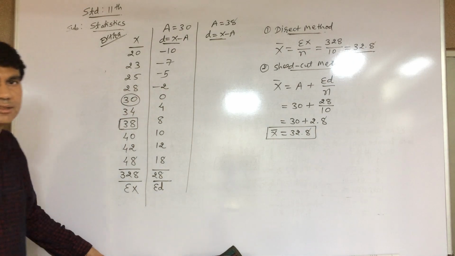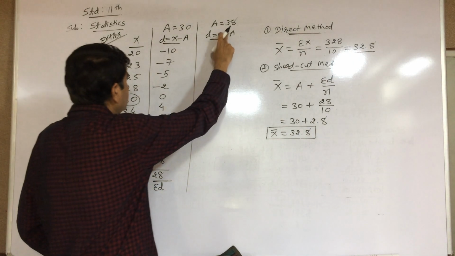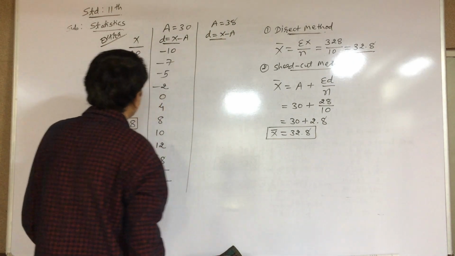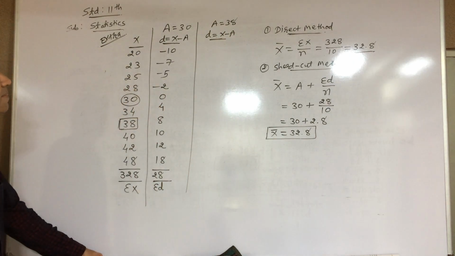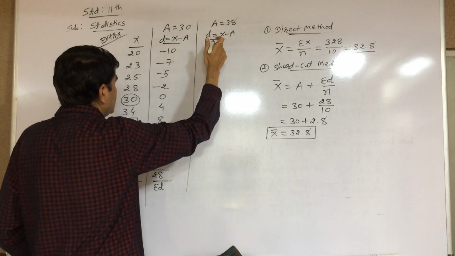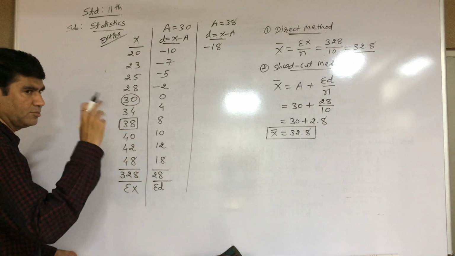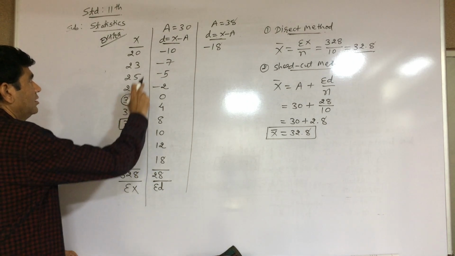32.8. Remember that. So if you want to assume 38, next calculation: 30 minus 38, minus 8? No: 20 minus 38, this time I take more negative calculation.